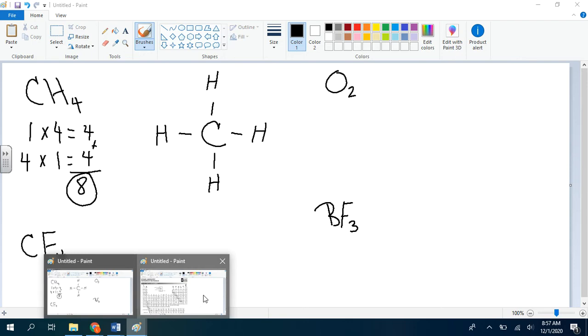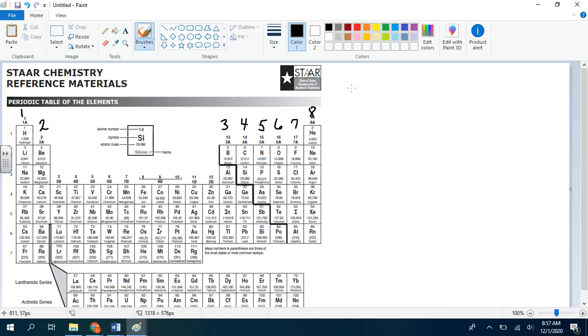But that's a perfect time to talk about this. In your notes, you wrote down exceptions, okay? But I'm going to write this here, and if for some reason it's not in your notes, go ahead and write it down now, okay? Group 1, that's this group right here, okay? Group 1, they only want 2 electrons to be happy.